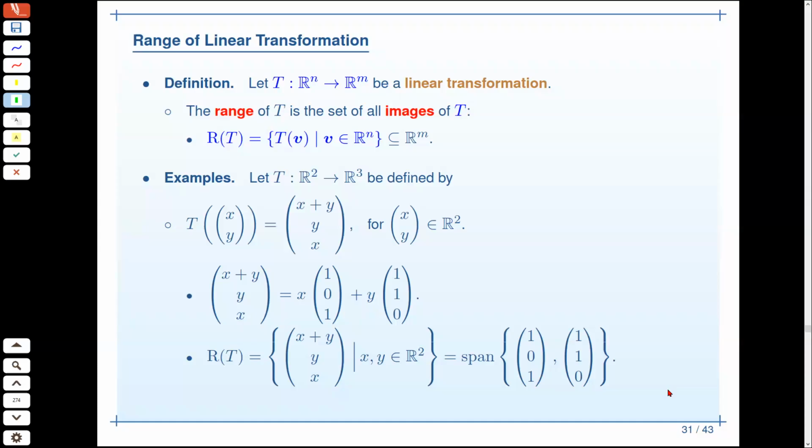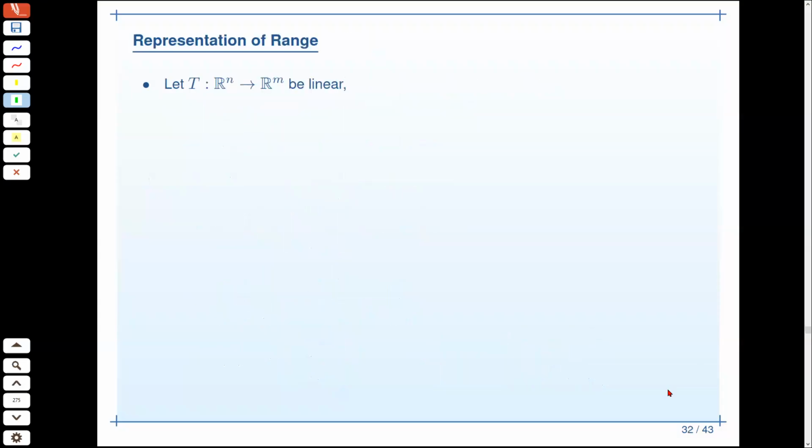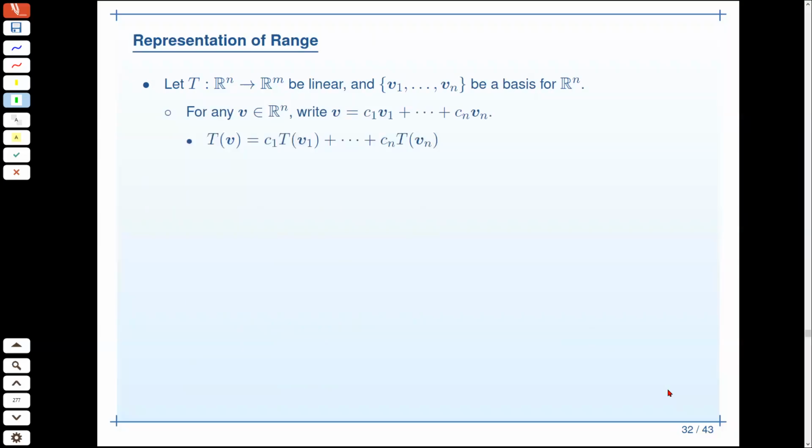But now the question is, is it true in general? Let's see. Suppose T is a linear transformation from Rn to Rm, and we have any basis for Rn, say v1, v2, up to vn. Then any v can be written as a linear combination of the vectors in the basis, say c1 v1 plus up to cn vn.